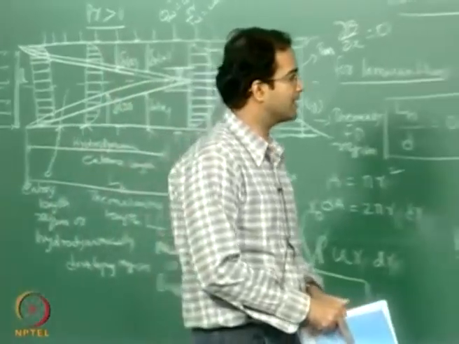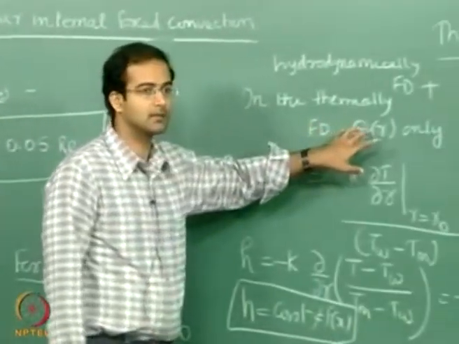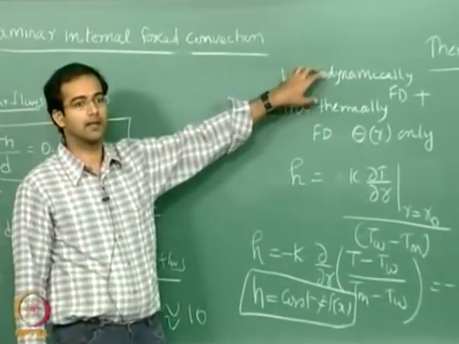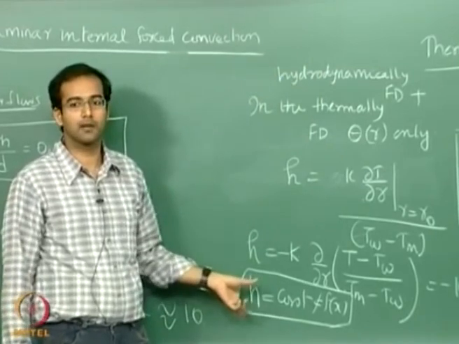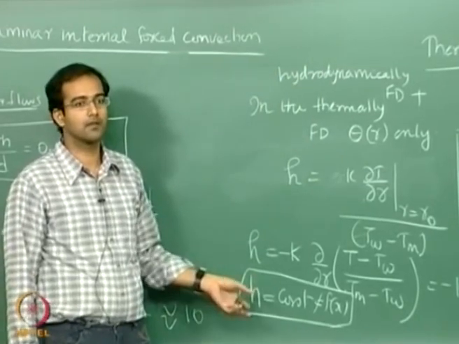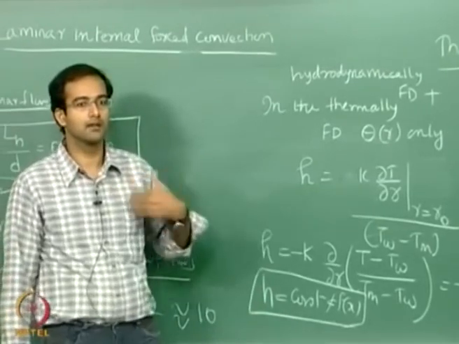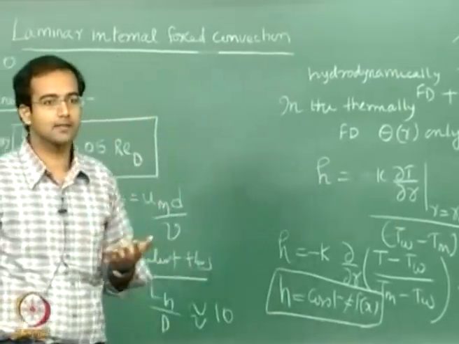As far as laminar internal flows, both hydrodynamically and thermally fully developed, your heat transfer coefficient will become a constant. It's not a function of x. So that is going to simplify your correlations very drastically.